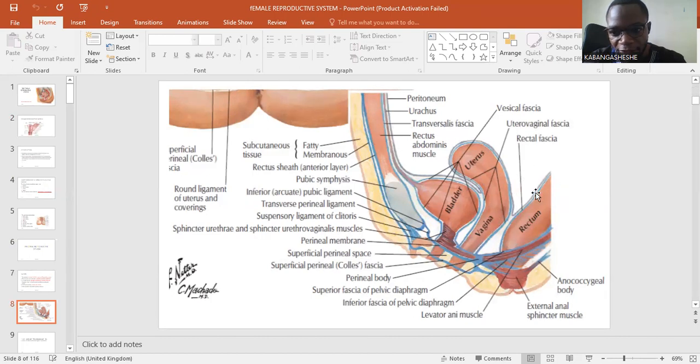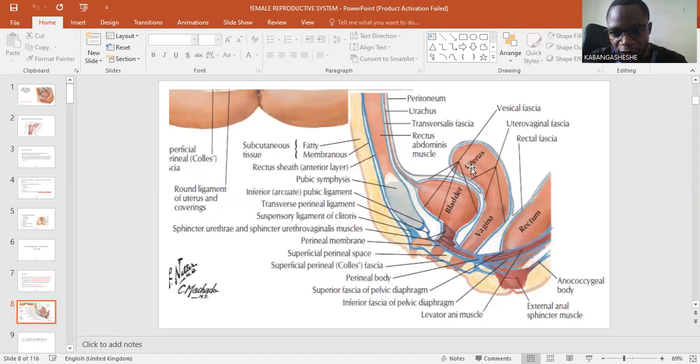On their superior end, they are covered with peritoneum. Since the peritoneum covers these organs, there are spaces left between the uterus and the bladder in front, and the rectum at the back. We're talking about these spaces here: the space between the vagina and rectum, and between the uterus and rectum.